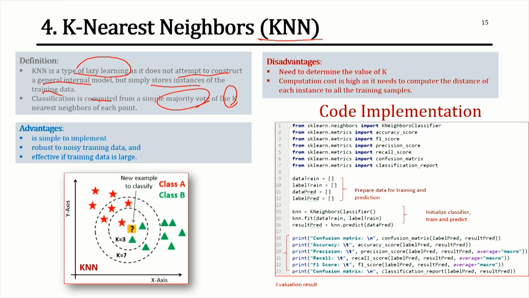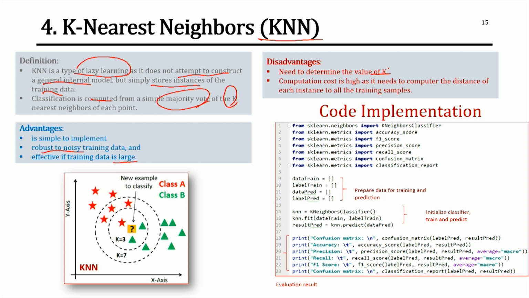The advantage of using KNN is that it is simple and easy to implement. It is robust to noisy training data and effective if the training data is large. So if you have a huge amount of training data, we may consider KNN as well. And the disadvantage of using KNN is that we need to determine the value of k.